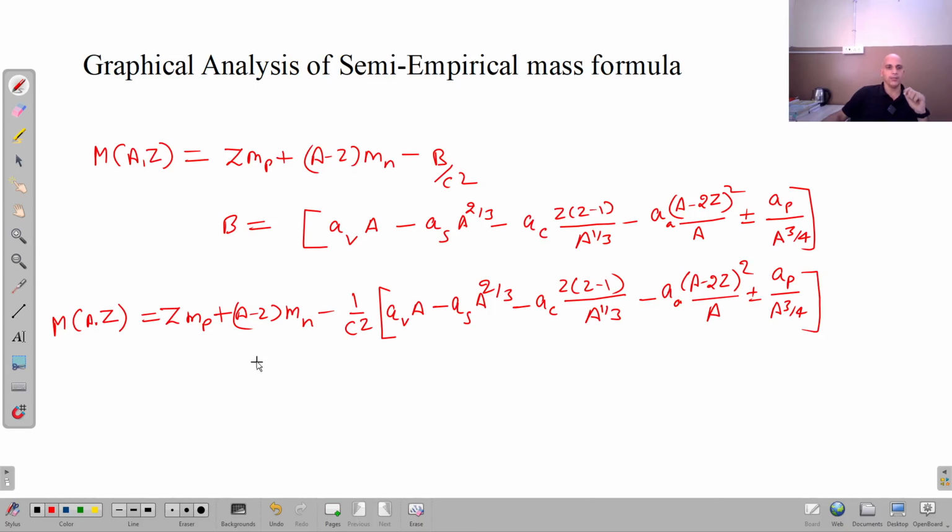So now this becomes the expression for the total mass of the atomic nucleus in terms of its binding energy. Here in this lecture, I am going to have a discussion on this expression.